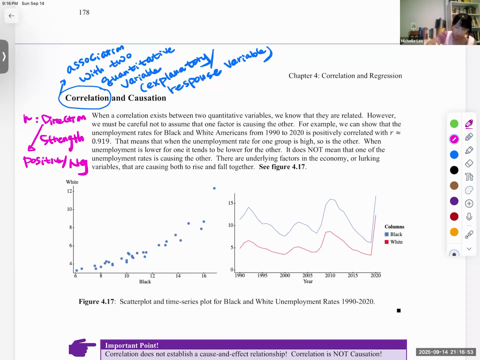Sorry, no space, so I'm writing this way. And then strength, how strong? Strong, moderate, and weak, right? Or no linear, right? Okay.